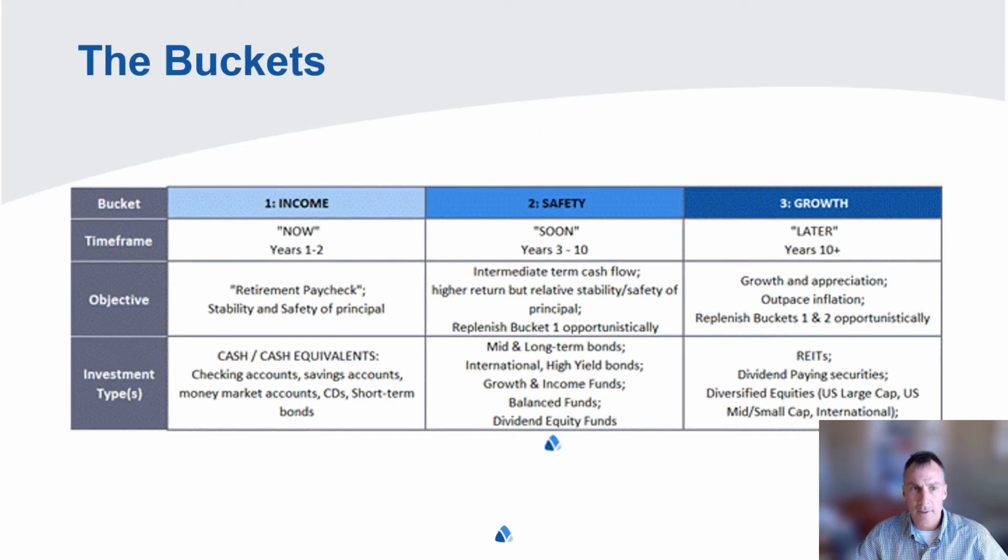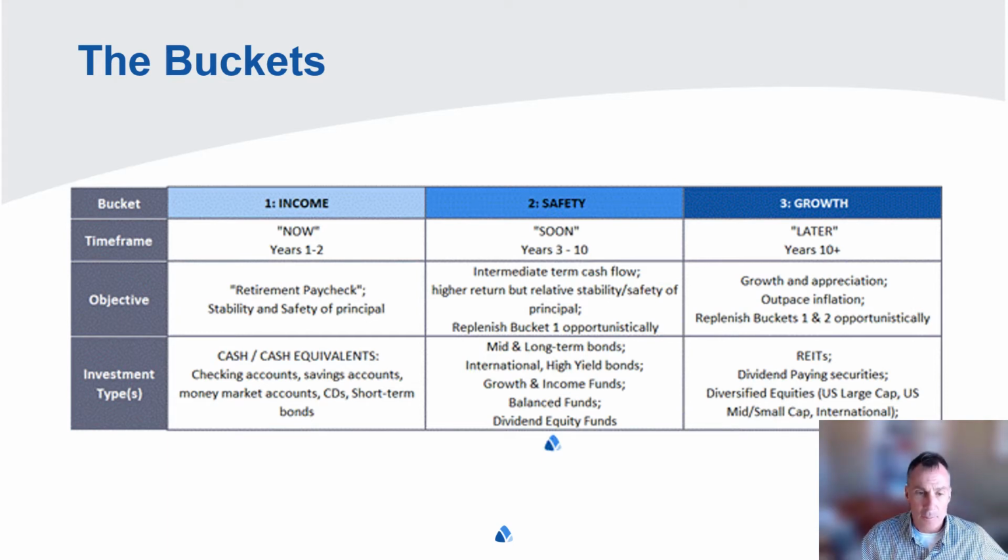So let's spend a little time walking through each of the three different buckets. As you can see on this matrix down the left, as I mentioned previously, each bucket has its own unique time frame, objective, and investments that are appropriate for the bucket. The first bucket is the income bucket. This is the money that you're going to need now. It's essentially your paycheck for the first period of time, oftentimes 1 to 2 years worth of time.